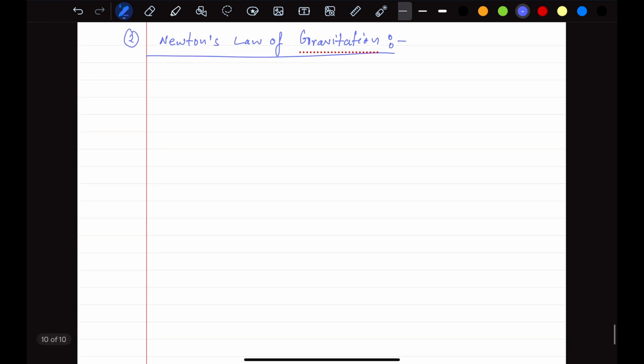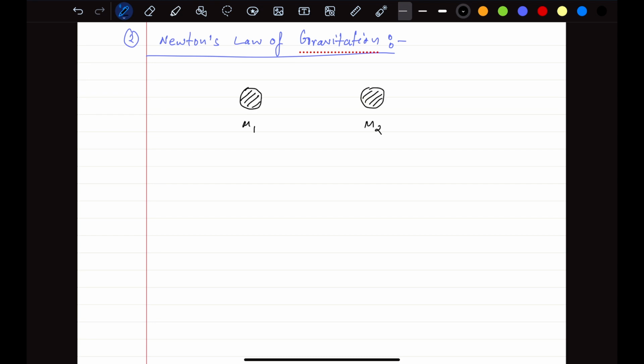Again, this law is based on experiment, so there will be directly the statement of this law. And then we are going to use those statements to form the mathematical formula and then do the calculation from there. So Newton's law of gravitation: let's say there are two masses m1 and m2.